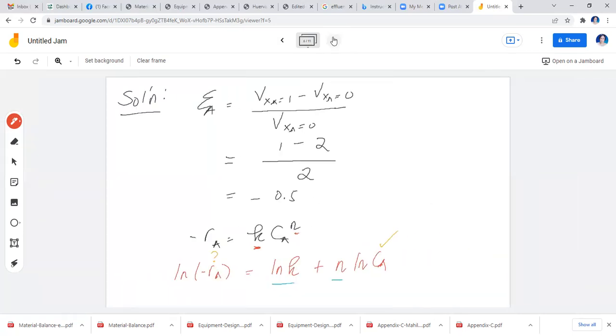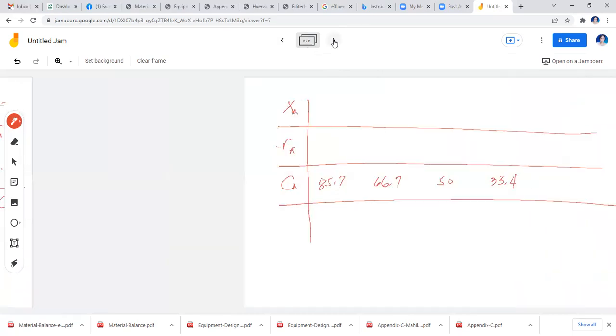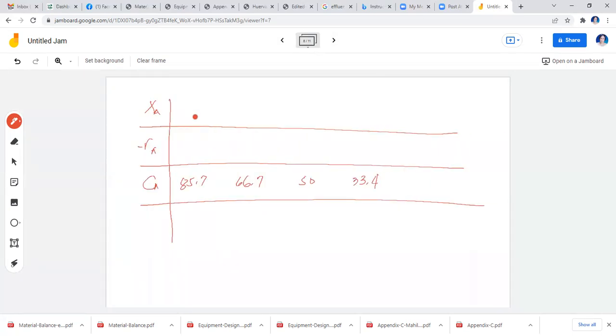Sige. So this is the formula that you will use for the XA. That way I can write it in here in our table. Okay, can you write in the chat box your answer, please? CAO is 100 millimole.